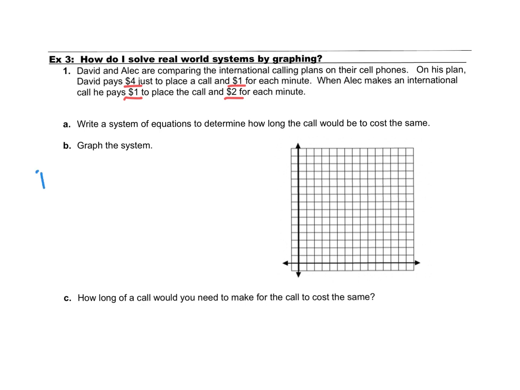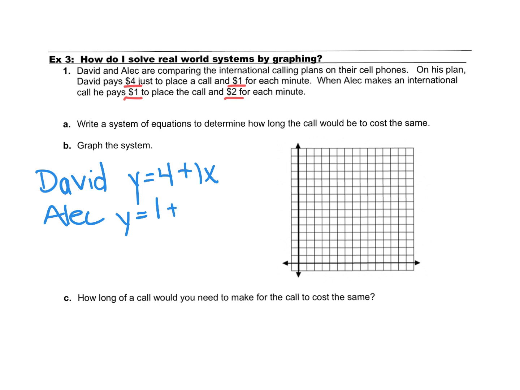So we have David, and his equation is y is equal to, he's paying the $4 to place the call plus $1 for every minute. Where Alec is going to pay $1 to make the call plus $2 for every minute.